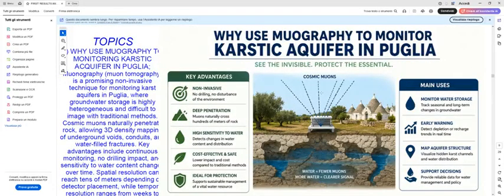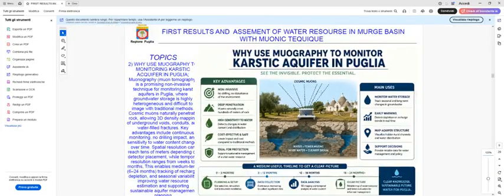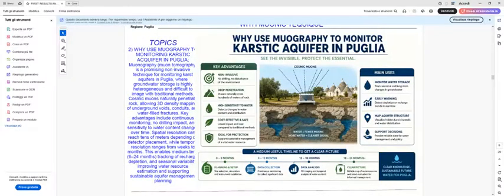Why use muography to monitor a karst aquifer? As we just explained, to monitor the karst aquifer you need a medium spatial resolution and a useful timeline to get a clear picture of the state of the aquifer. Between 0 and 3 months, you plan the setup and make a site selection.